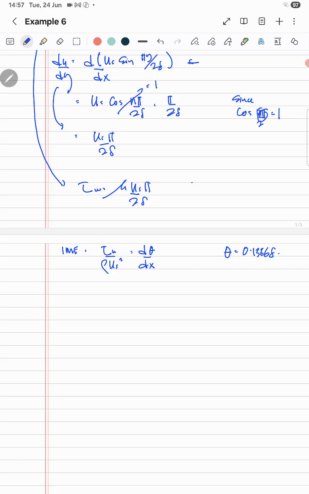So we substitute all the values that we obtained previously, where the wall shear stress is μ U∞ π over 2δ, multiplied by 1 over ρU∞², equal to d(0.1366δ)/dx.